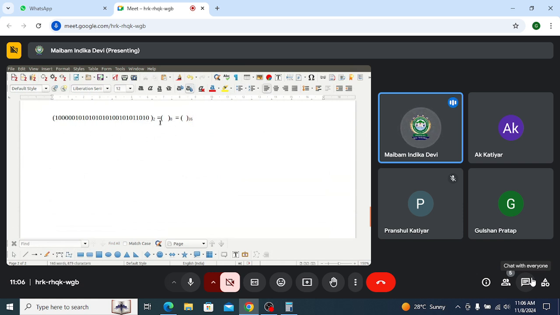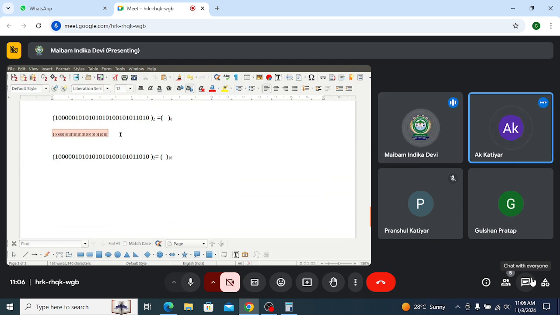So first, if you want to convert it into octal, let's discuss octal first. Okay, the same number, let's say. Another shortcut method is you start from the least significant bit.